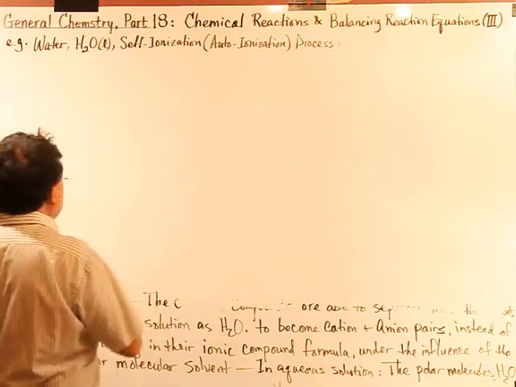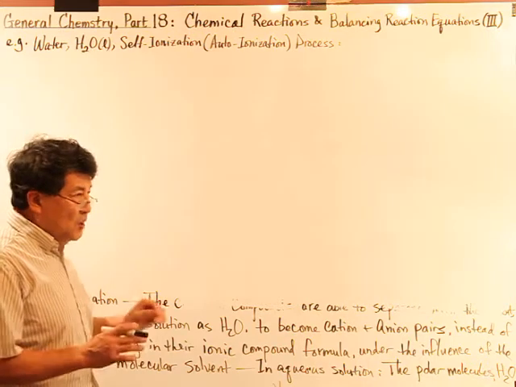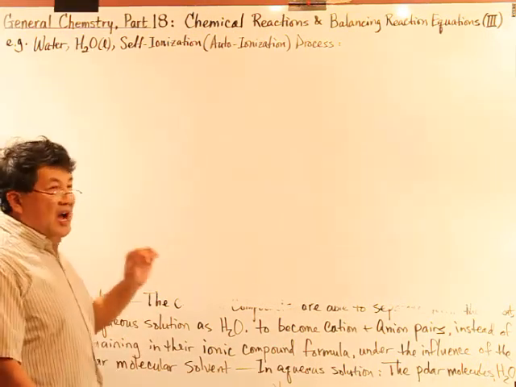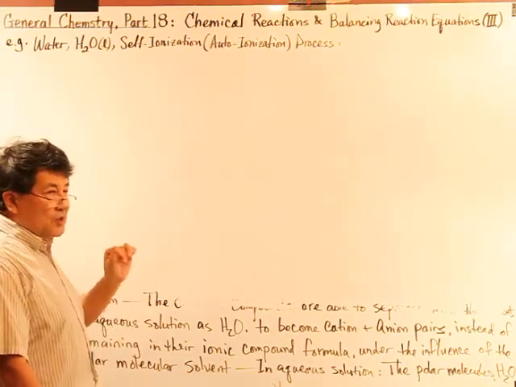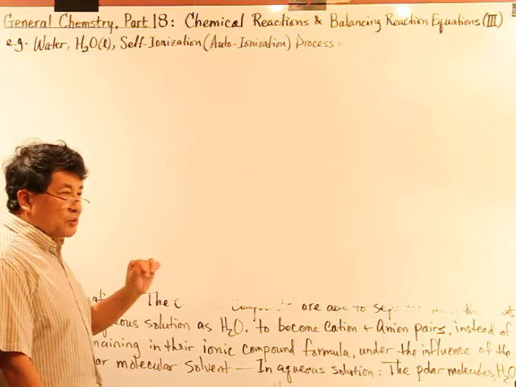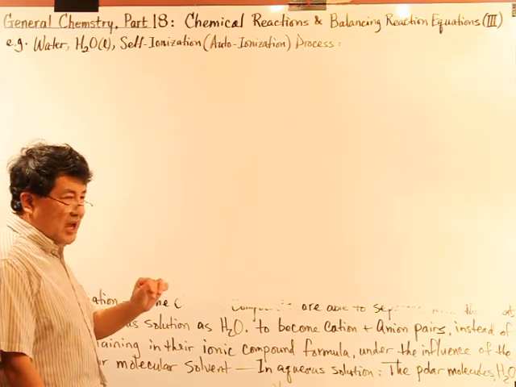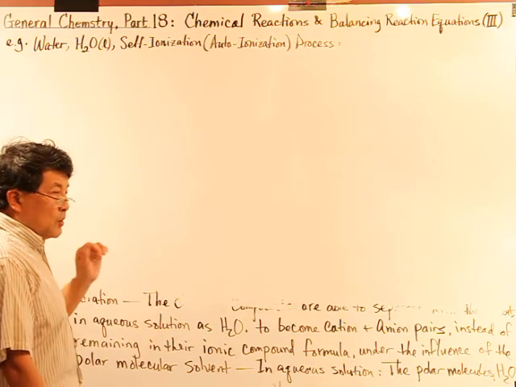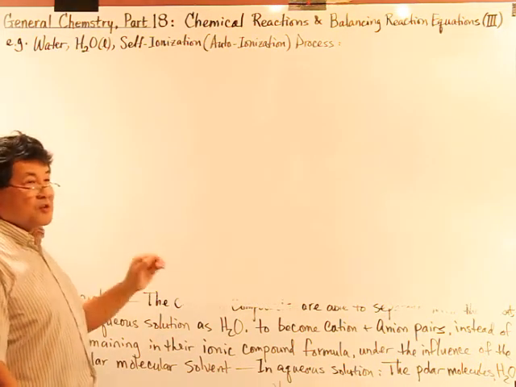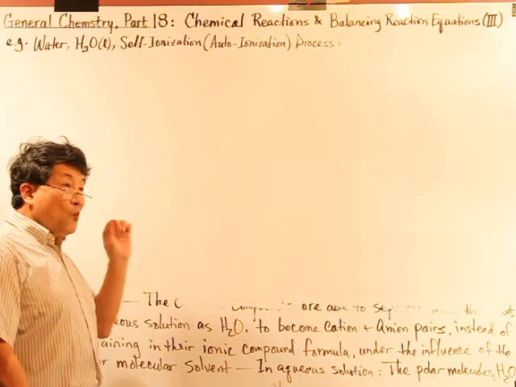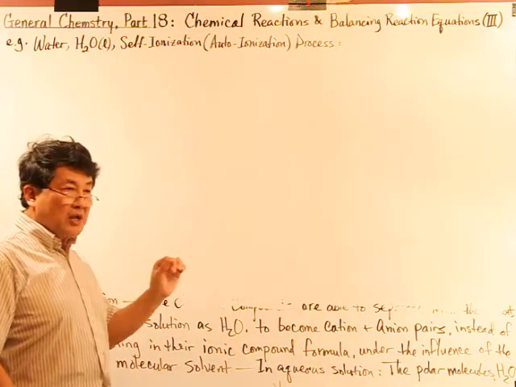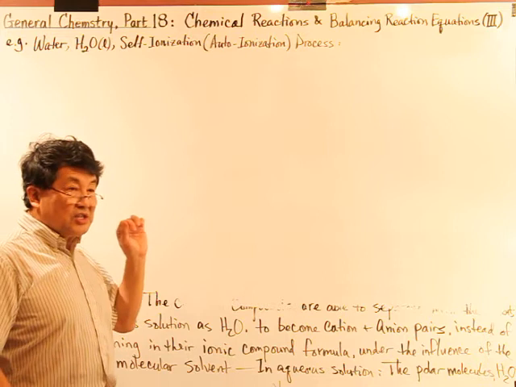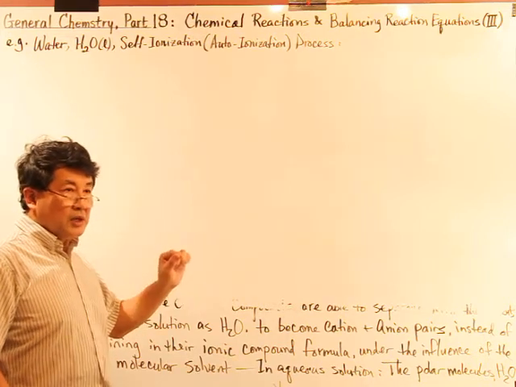Now, as the experimental results showed, out of every 500 million water molecules, 1 molecule is able to go through a self-ionization process. So every 1 out of 500 million water molecules is going to be dissociated into what?